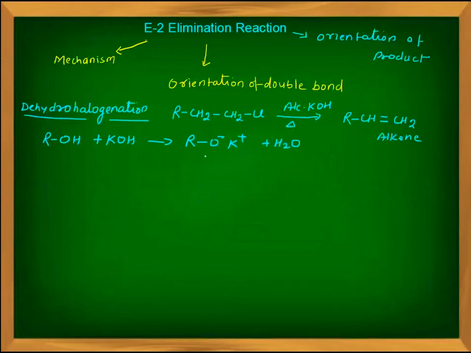This RO minus is called the alkoxide ion. This alkoxide ion is the reacting species of alcoholic KOH, which acts as a base. How does the reaction take place?